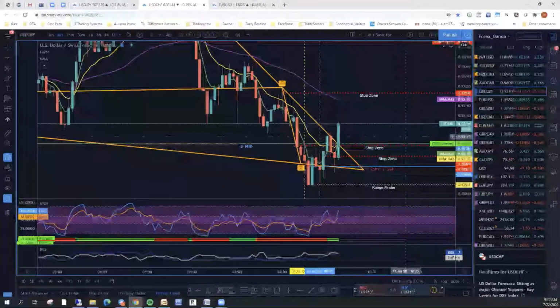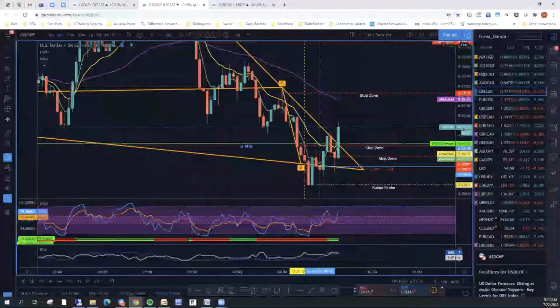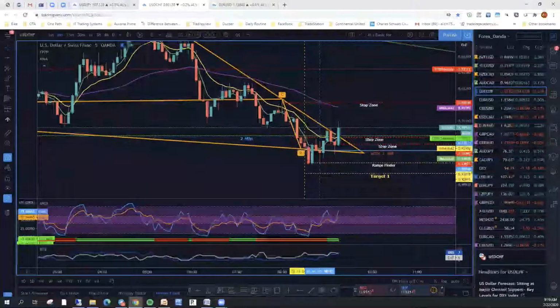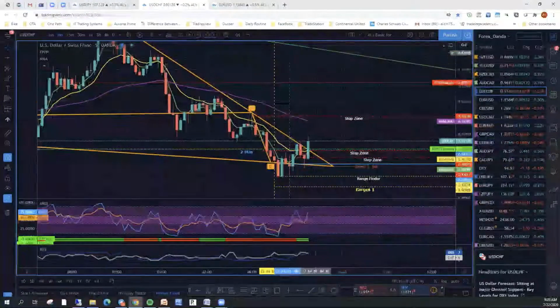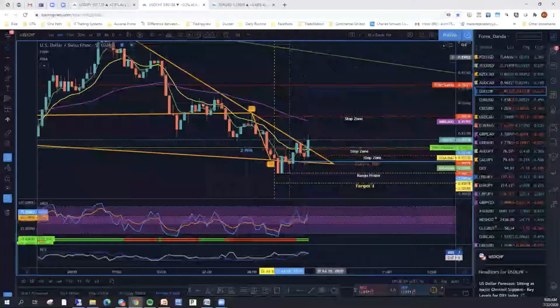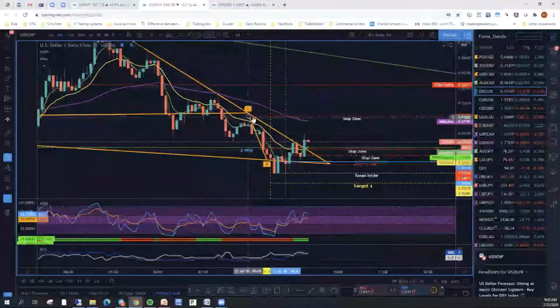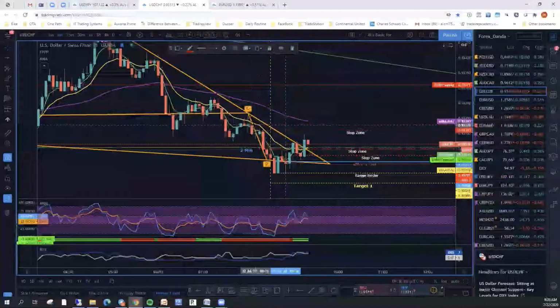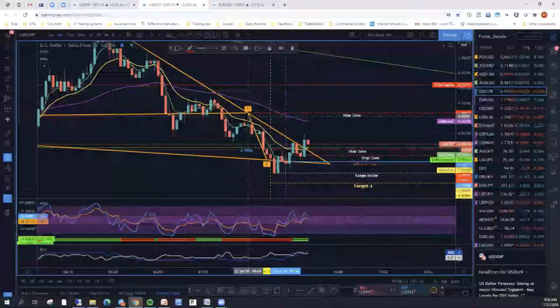Oh, our wedges were exactly the same. And so we're still looking at this upper area here as a possible target, where this green line is. But we have to get through this part right here first. It's got to get through this, and it's got to get through the C.